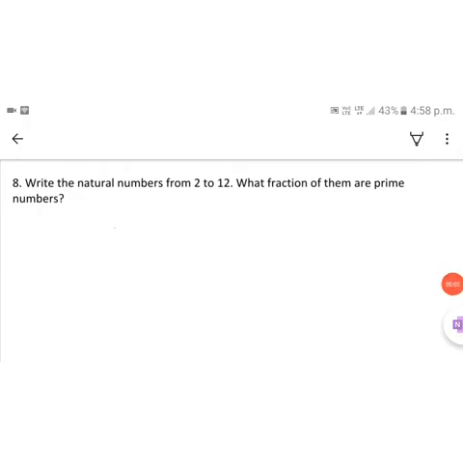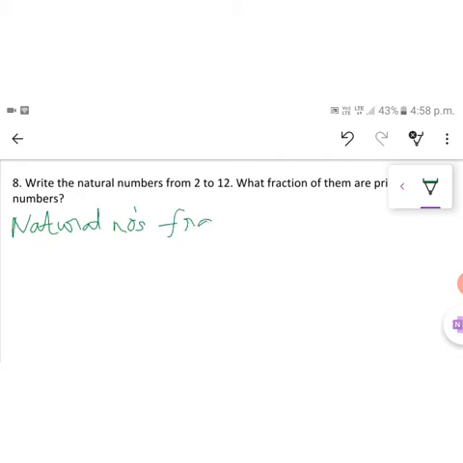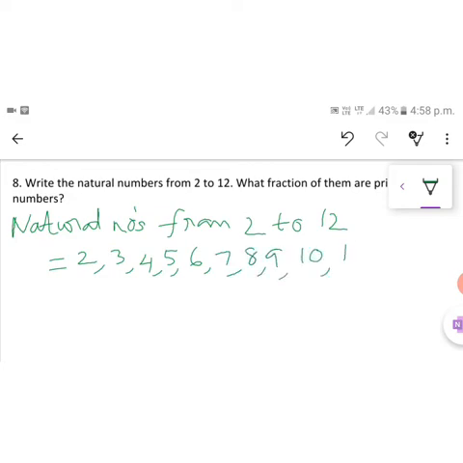Question number 8. Write the natural numbers from 2 to 12. What fraction of them are prime numbers? Natural numbers from 2 to 12 equal to 2, 3, 4, 5, 6, 7, 8, 9, 10, 11, 12.